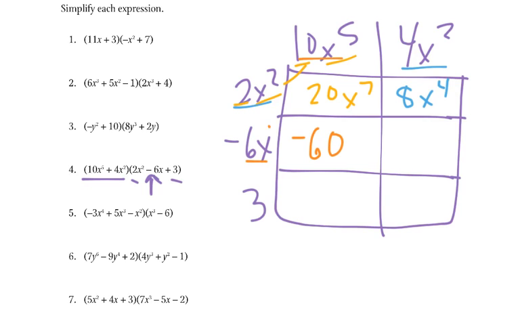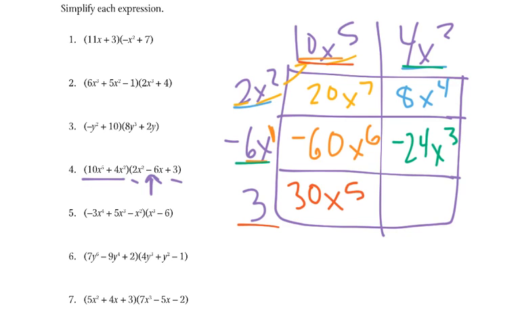X times x to the 5th, that's like to the 1st, so x to the 6th. Okay. Negative 6x times 4x squared would be a negative 24x cubed. Get another color here. 10x to the 5th times 3. 30x to the 5th. Then 4x squared times 3, 12x squared.